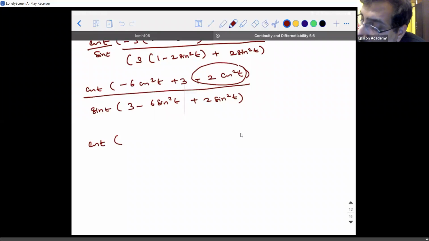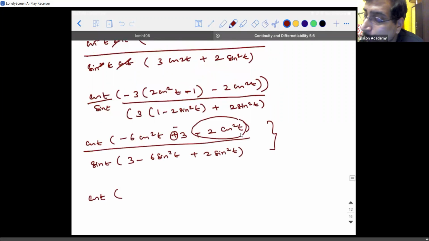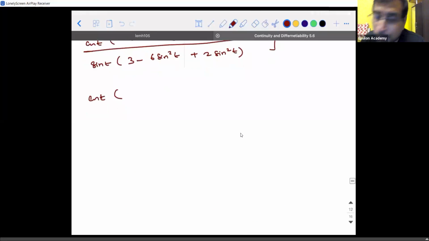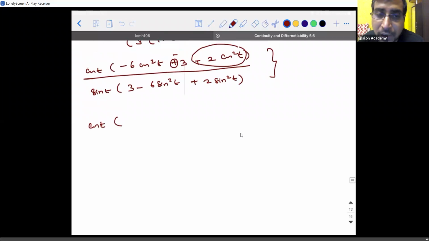See, had it been plus and this had been minus, then things would have been right. But there is some calculation mistake, I think, guys. See, I have a space restriction due to which I'm not able to see it properly. I'll try to solve this problem and send a screenshot of this. So I'll tell you the conclusion. This will become plus and this should have been minus, so that you will get minus 4 cos square t minus 3 in the numerator.